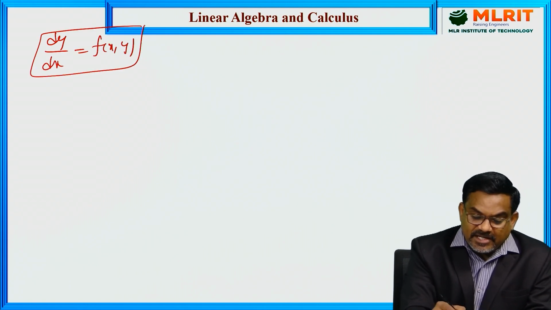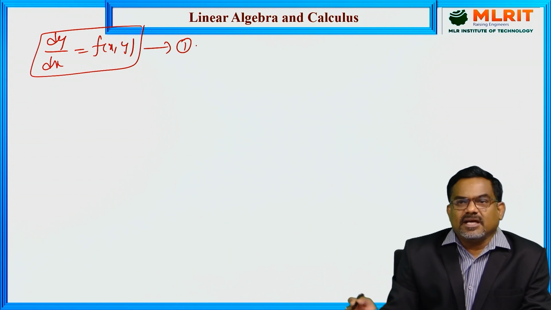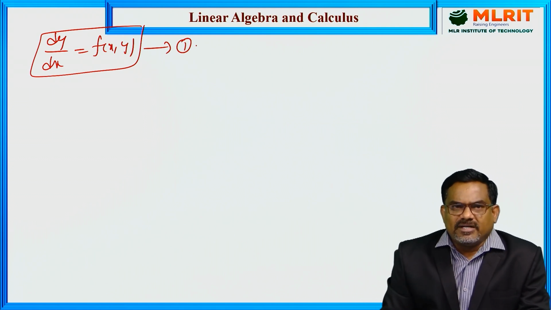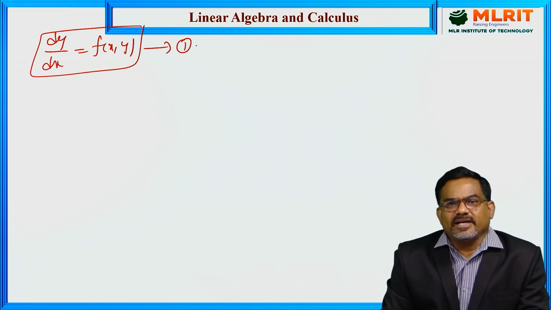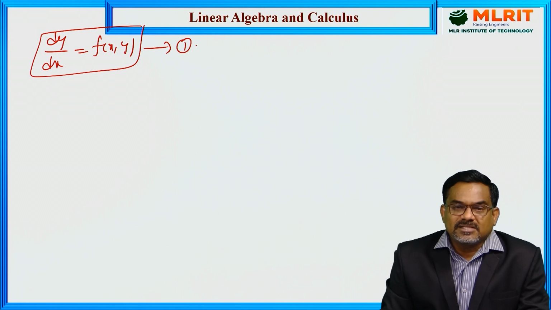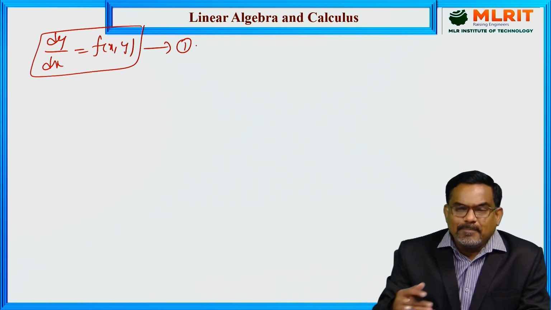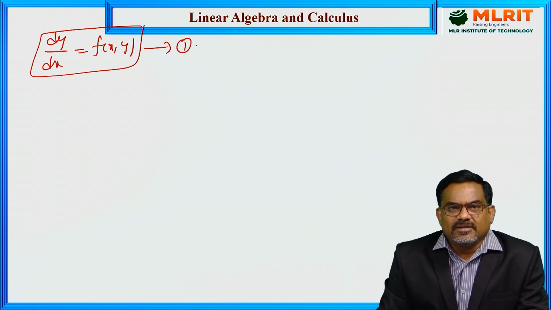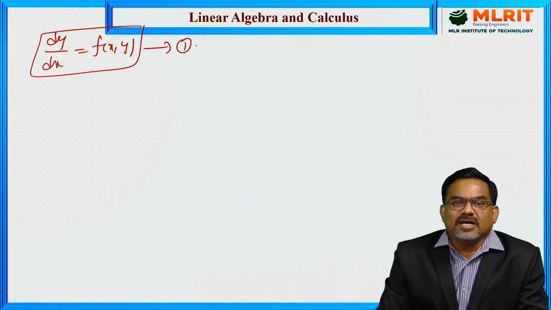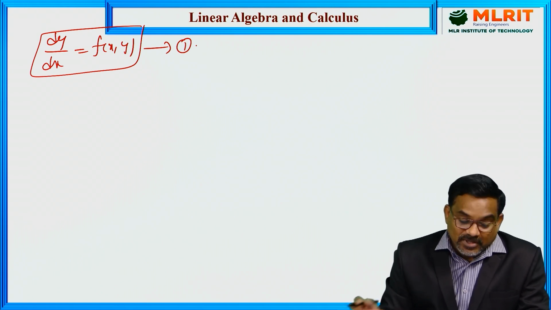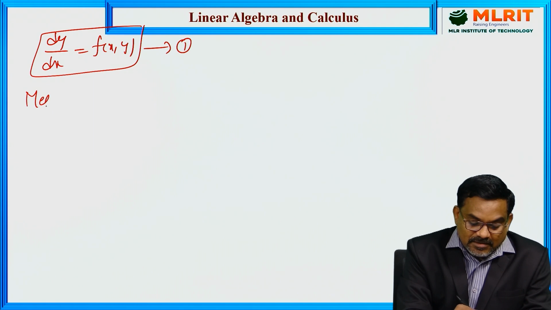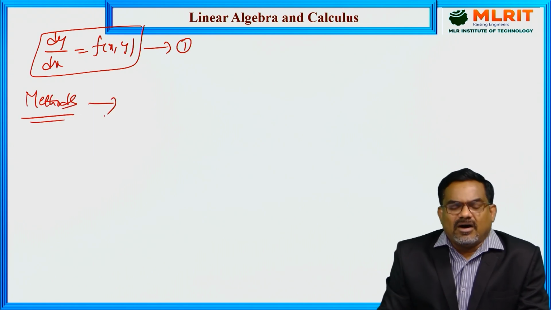If the integration is possible directly, then simply we can evaluate the solution by integrating on both sides. But it may not always be possible, since that depends on the function or the terms involved in the differential equation. That is why there are many methods to solve the first order ordinary differential equation.